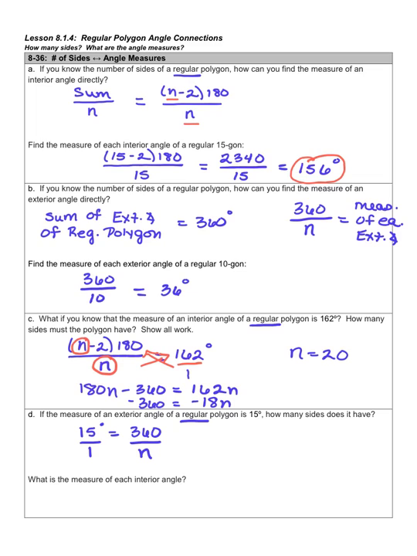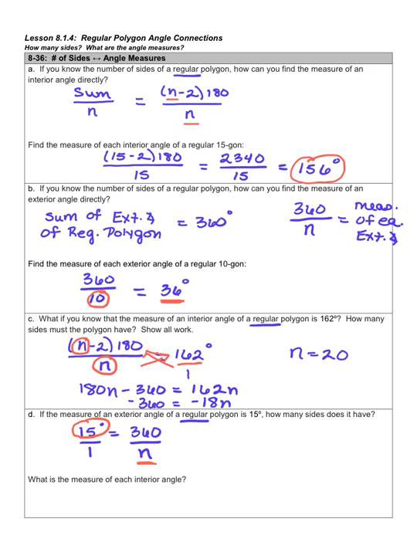In part B, I knew the value of n. I was looking for the measure of each exterior angle. In part D, I don't know the value of n, but I do know the measure of each exterior angle.